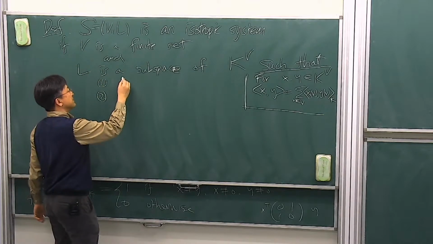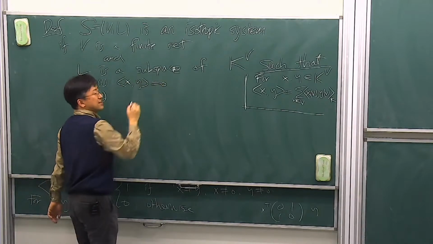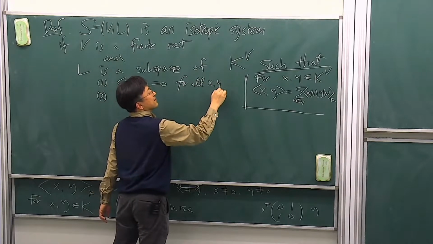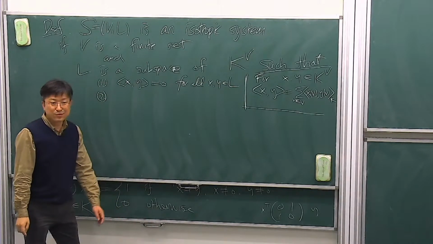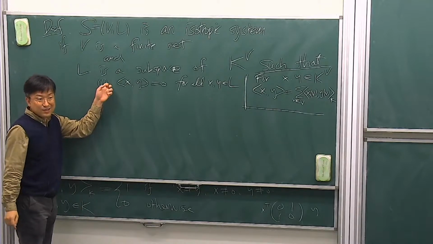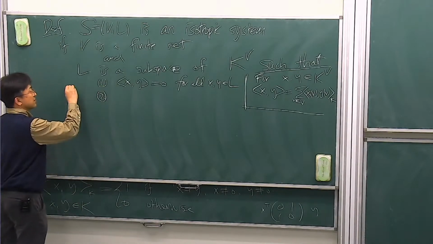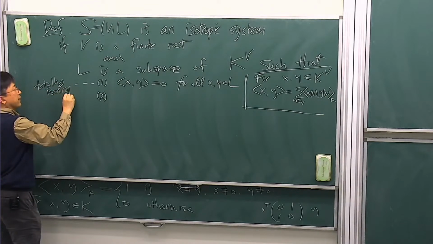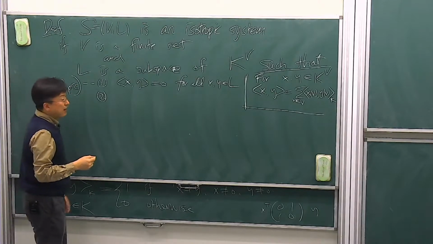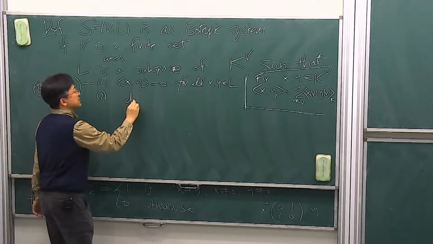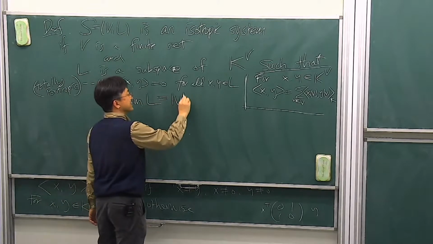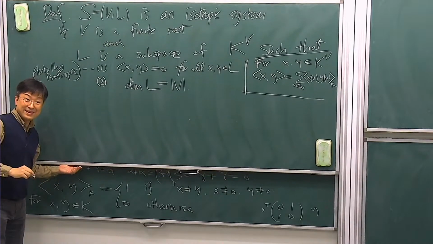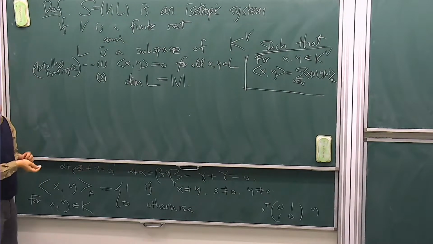The first property is that for any two vectors in L, the inner product is 0. This property is called totally isotropic. And the second property is that the dimension of L is equal to the number of elements in the finite set. Then we say that S is an isotropic system.